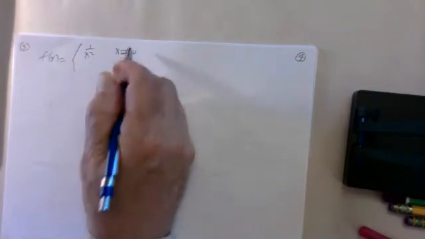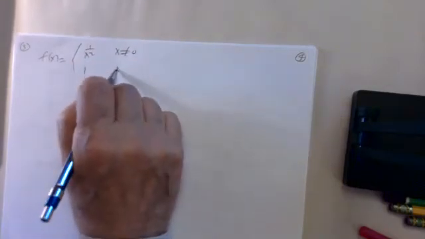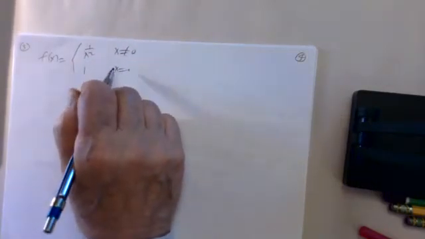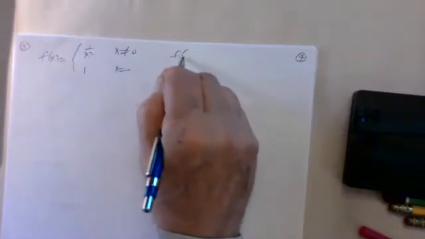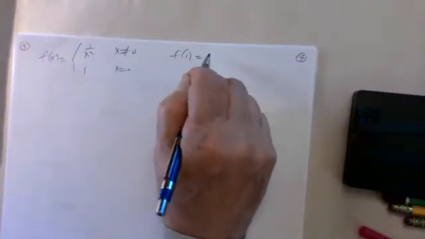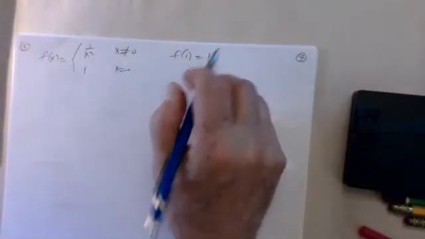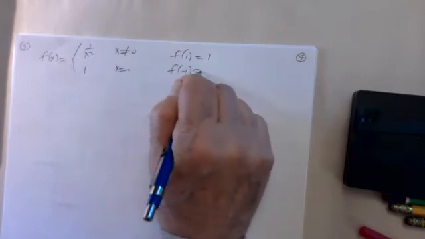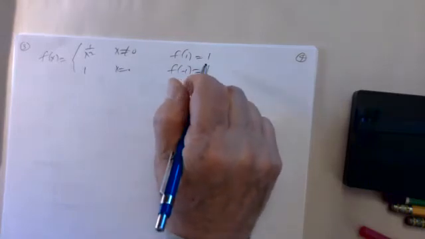Problem 3 is similar. In problem 3, we have a function f of x defined to be 1 over x squared for x different from 0, and 1 when x equals 0. So f of 1 is 1. f of minus 1 is 1.